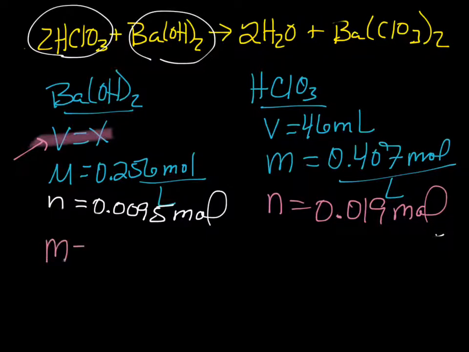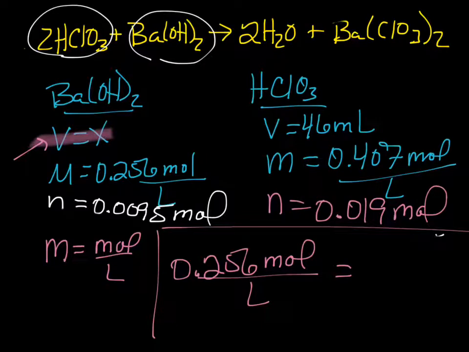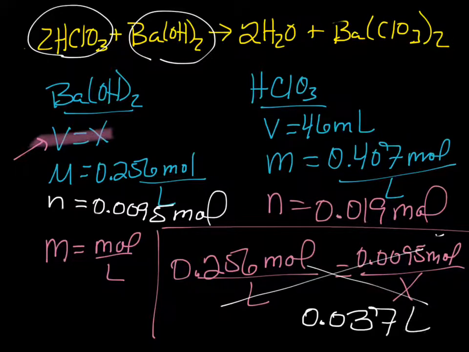Again, we're going to use molarity equals mole over liter, so we're going to have 0.256 mole over liter equals 0.0095 mole over X. And we'll cross multiply and solve for X. And that gave me 0.037 liters.